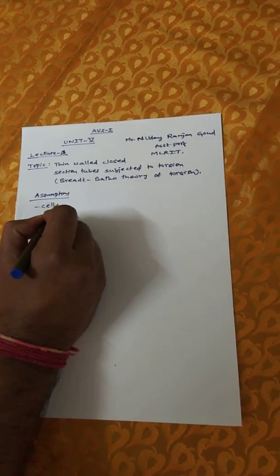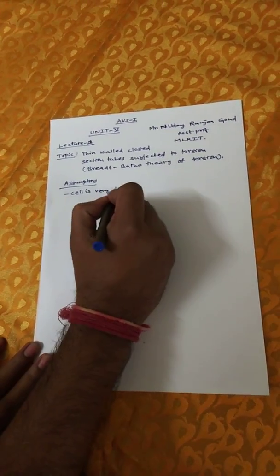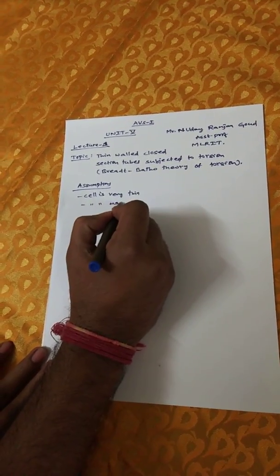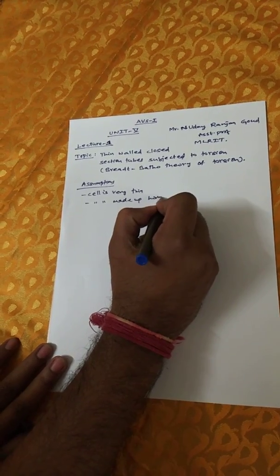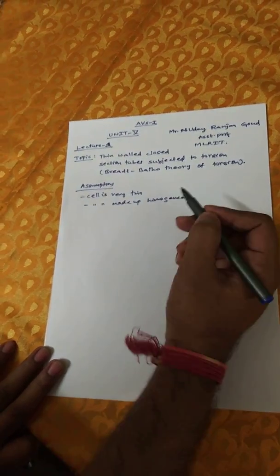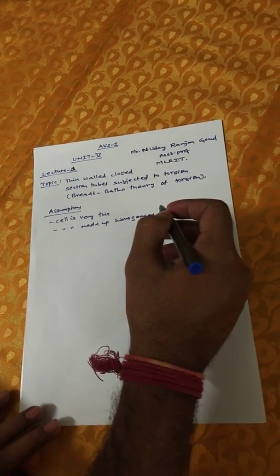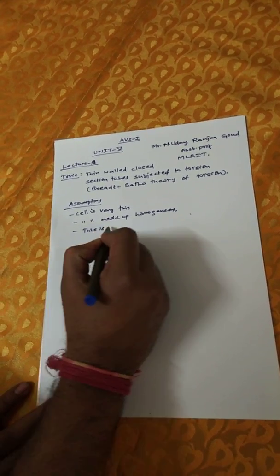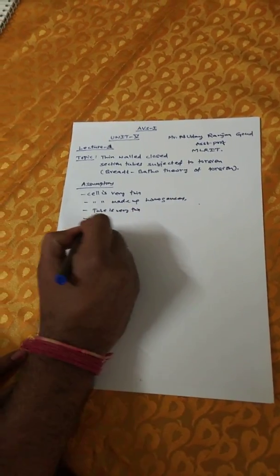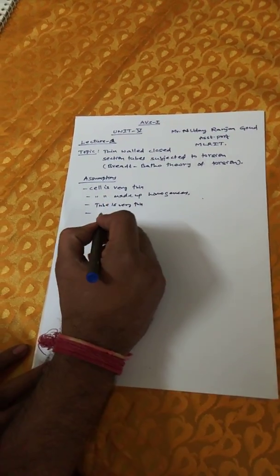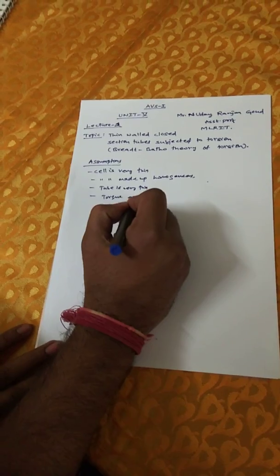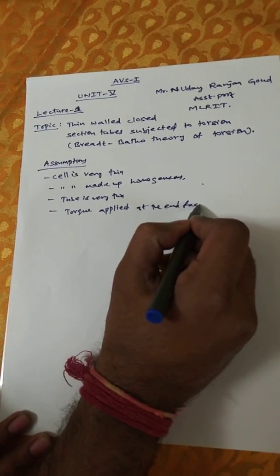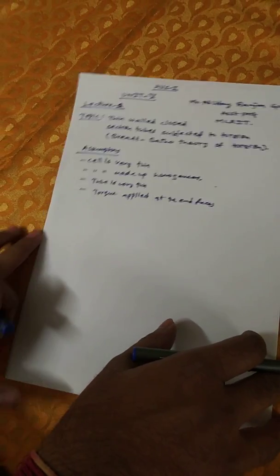The first one is the cell is very thin, and the second assumption is the cell is made up of homogeneous, isotropic material which obeys Hooke's law, and the third assumption is the tube is very thin, and the fourth assumption is torque applied at the end faces. So these are the few assumptions we take up before we proceed into the topic.